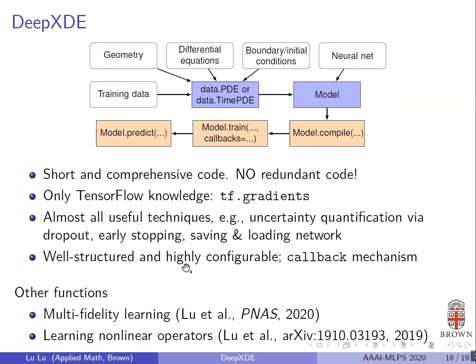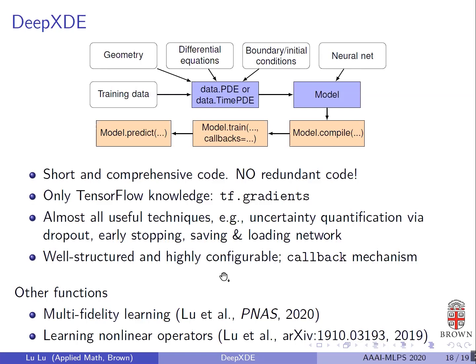And even if the current software does not satisfy your new requirements, for example, you have a very specific requirement, like yesterday in Paris's talk, he had a new idea of a neural network which is not implemented in DeepXDE yet. Then it's very easy to do, because the framework of DeepXDE is very structured and highly configurable.